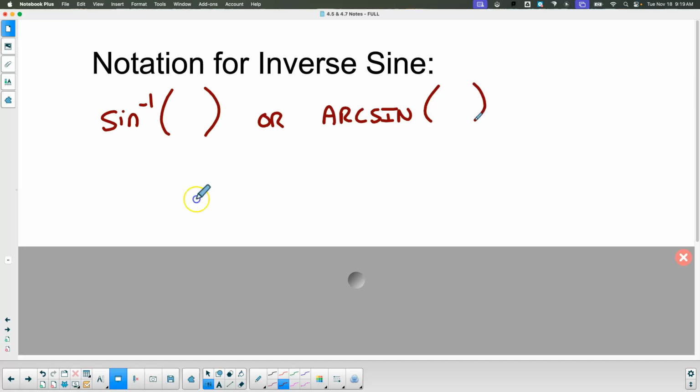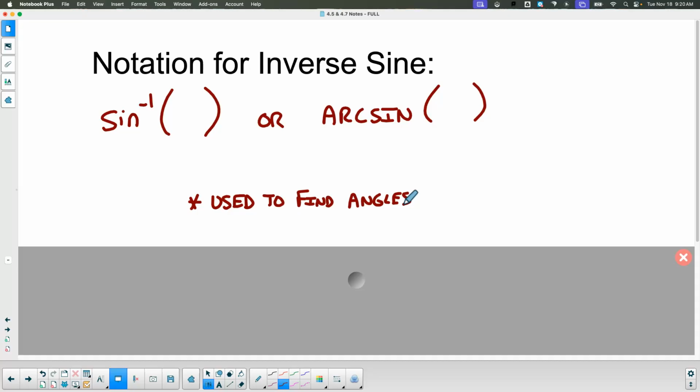And just like when you were in geometry and you started using them, these are used to find angles. Regular sine, normal sine, if you will, we input an angle into it, we get out a real number. Inverse sine, we input a real number, we get out an angle.